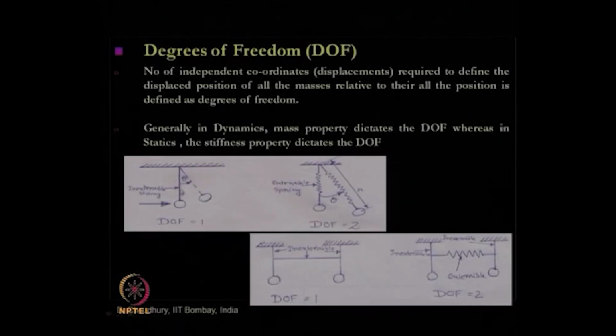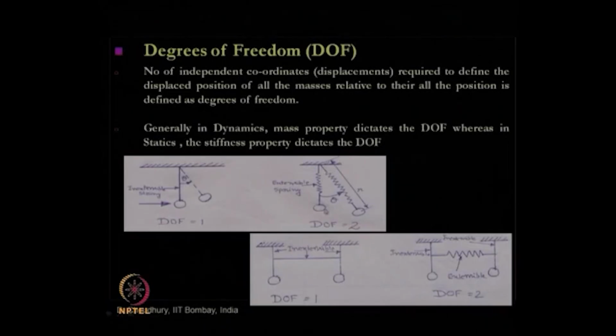But if we replace this inextensible string with an extensible string or a spring like this, in that case the degree of freedom of the same problem will change to 2. Why? In that case we require a minimum of 2 coordinates, one is the theta coordinate, another is this distance L or R, whatever we say.